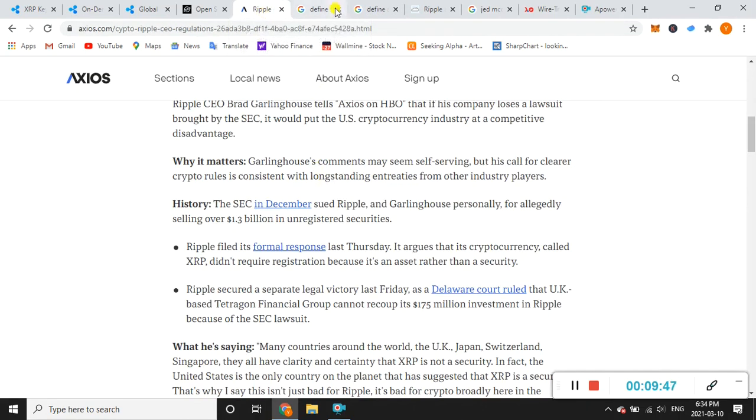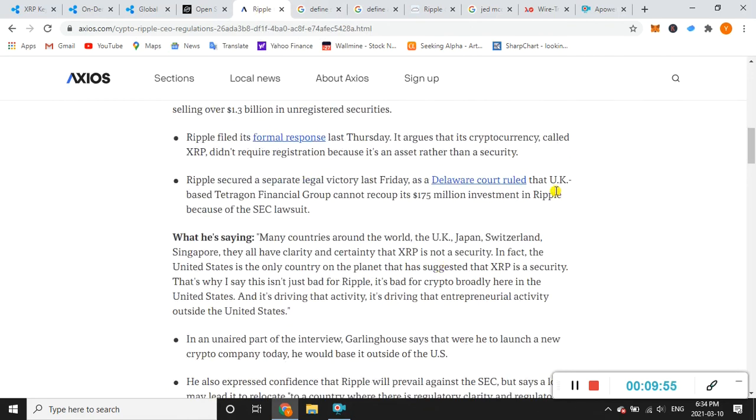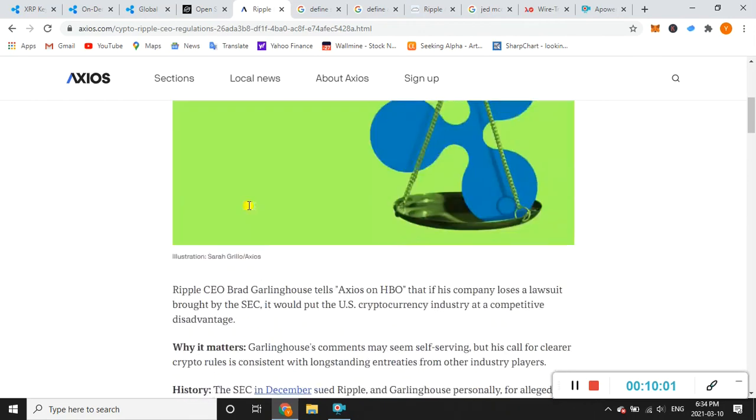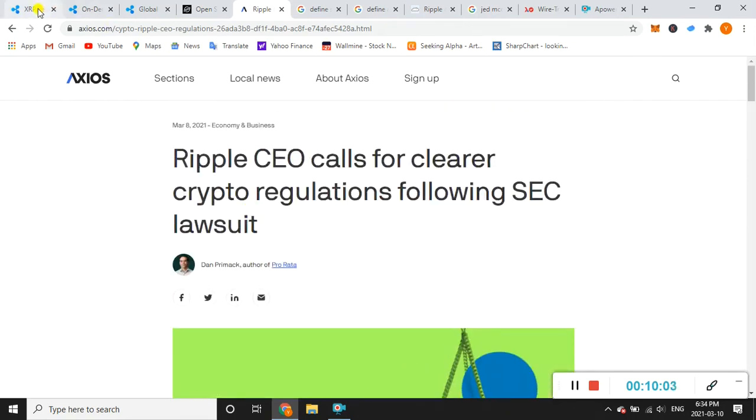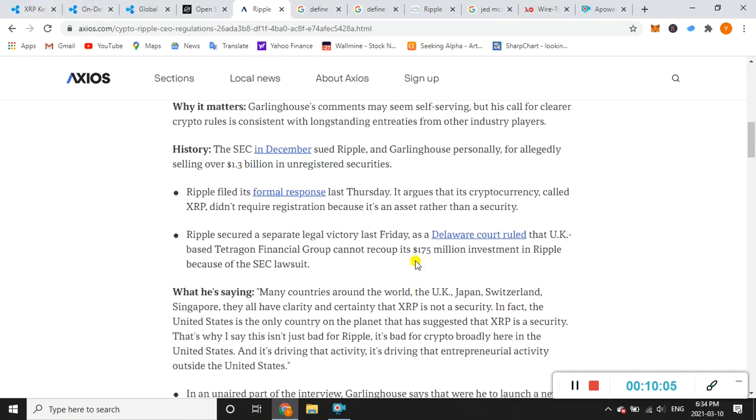So there's been a little tiff between the SEC and Ripple in terms of what XRP really is. Now, if it makes you feel any better, the UK just decided that XRP is not a security, that it is in fact an asset.